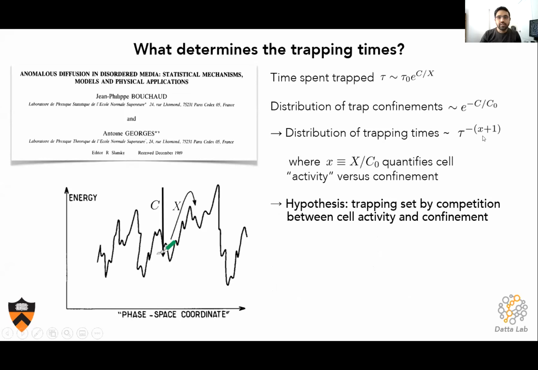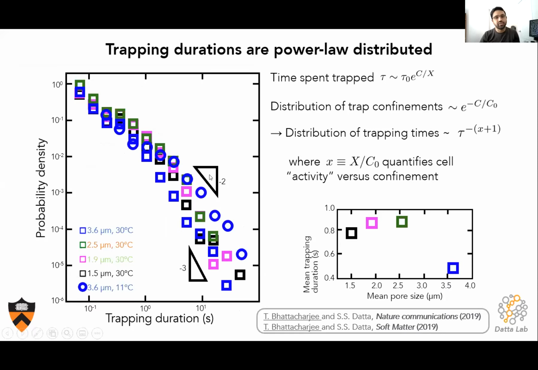If we calculate this, we should find the trap time distribution is power law distributed. And when we measured the trap time distribution in our system, we found that indeed they are power law distributed, with the power between -2 and -3.